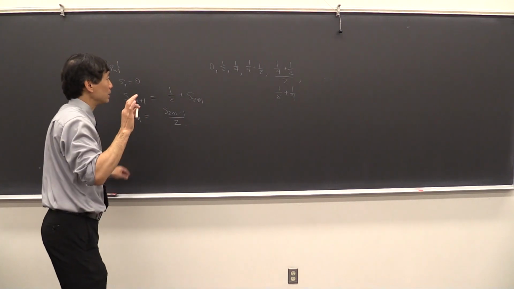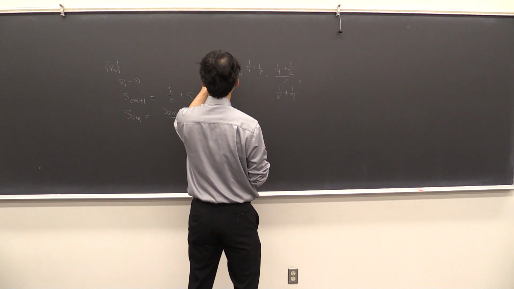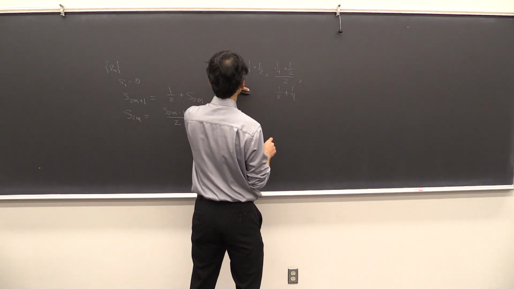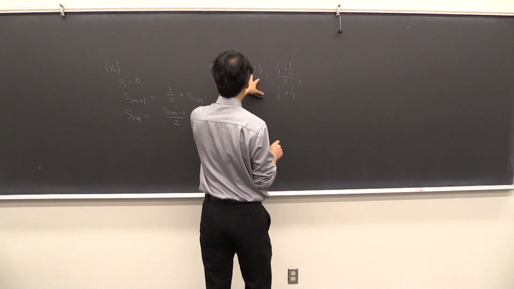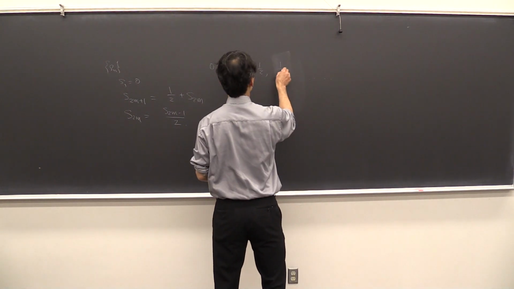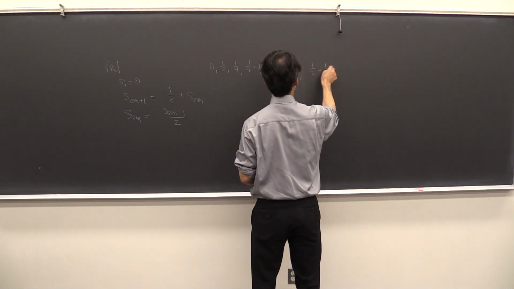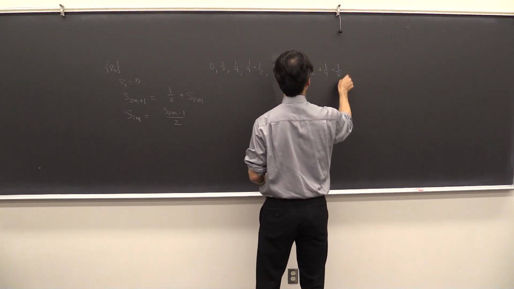Okay, sorry, give me one minute. So add a half, divide by 2. Add a half, divide by 2.